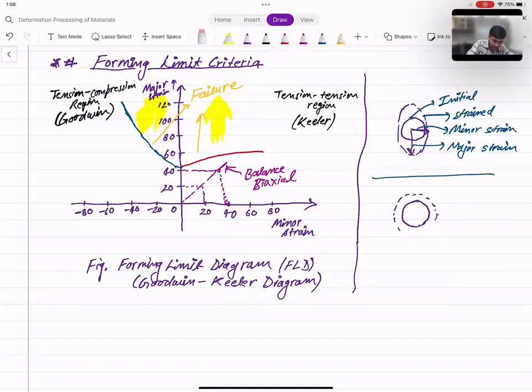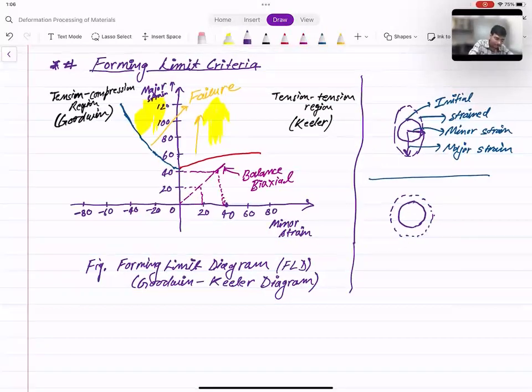Something like this. So here it is initial, this one is initial, and this is strain. This is for balanced biaxial.